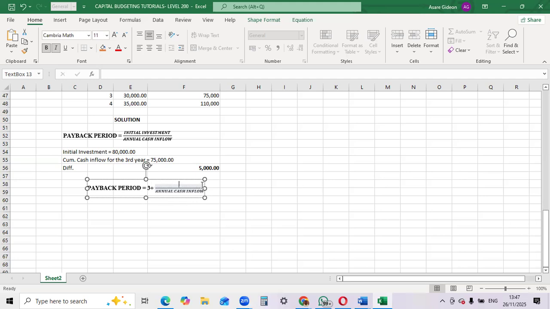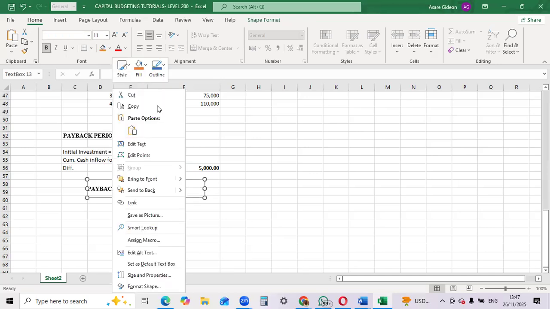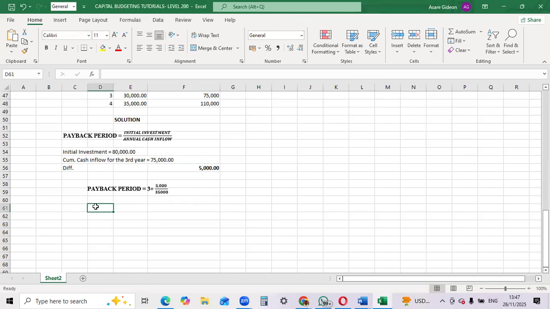So 5,000 divided by 35,000. That should give us 0.14.